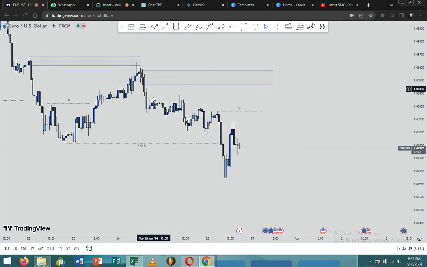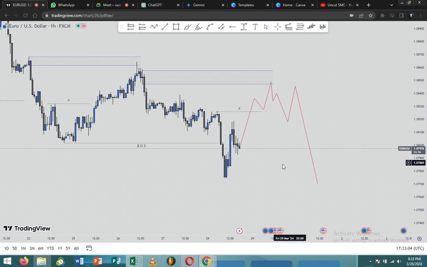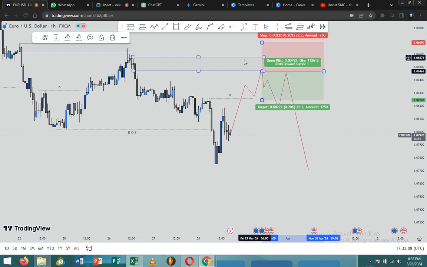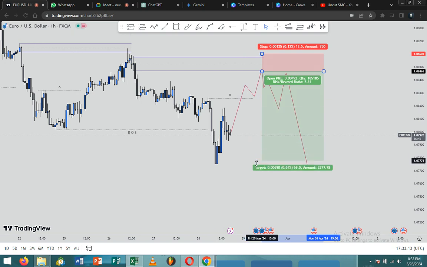We could have USD pushing all the way to this point and then giving us some beautiful sells. Okay, remember even the DXY is buying, therefore the USD is likely to continue selling even further. All right, so we're going to be anticipating some beautiful sells from that point. All right, and of course we're going to be targeting all the way down.